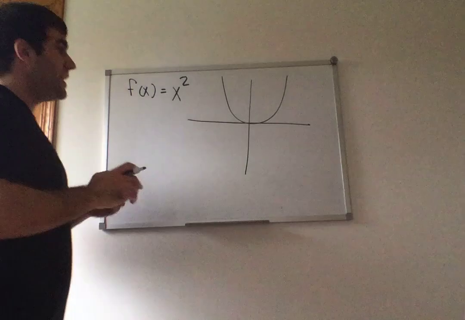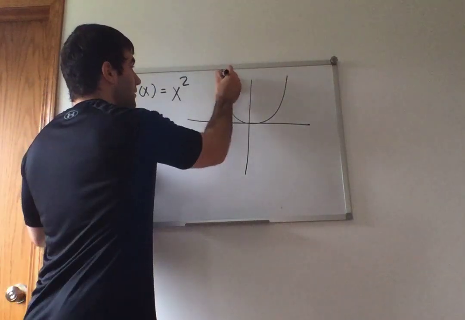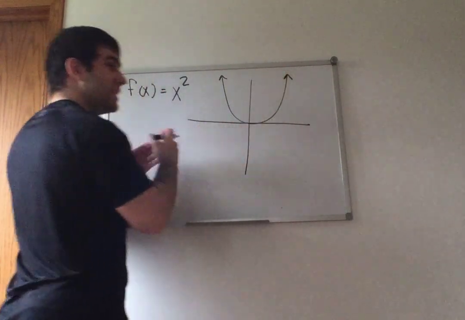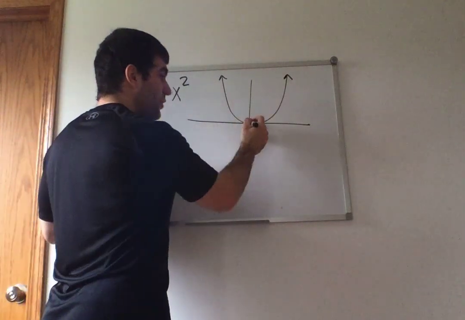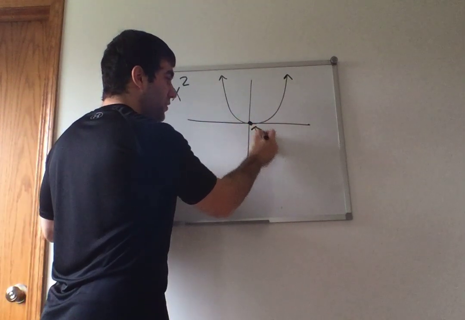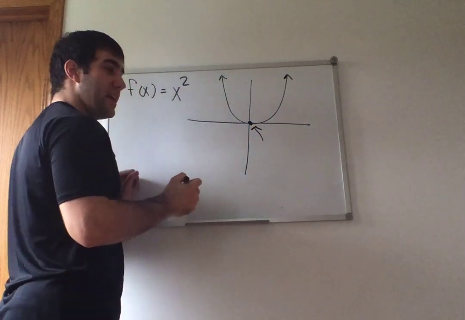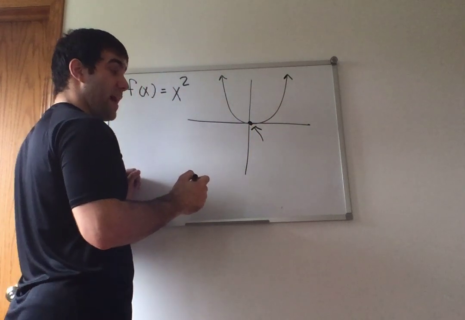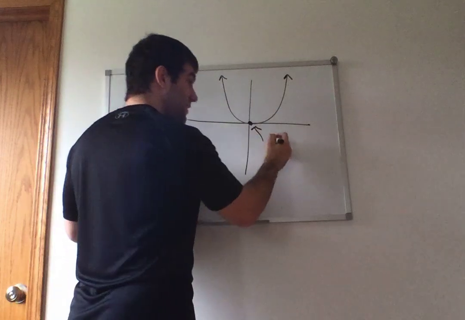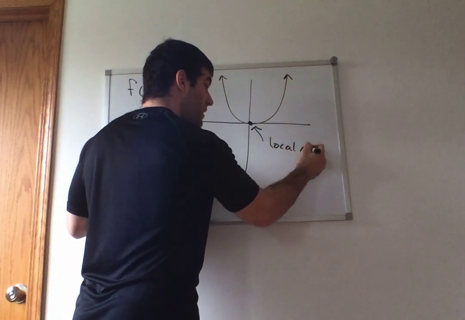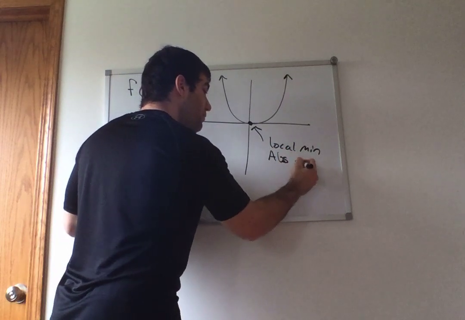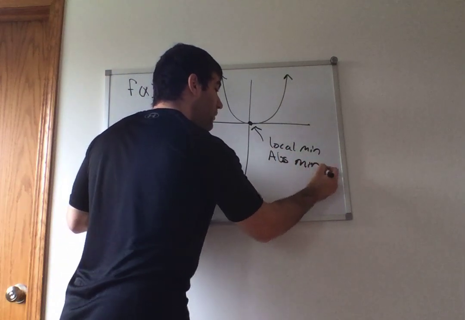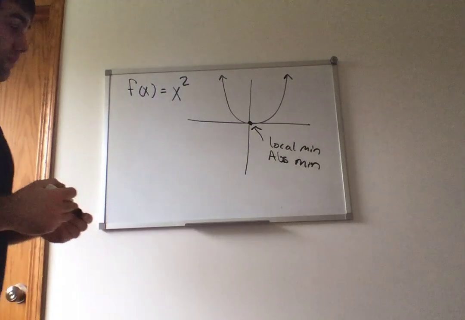We can see, and we're talking about on its entire domain, we're not closing it off like the last example. You can see that right here, no other point is smaller than this value right here. This is the local minimum of the graph. This is also the absolute minimum of the graph.